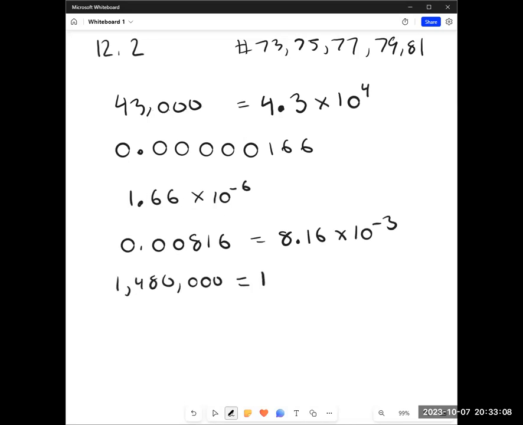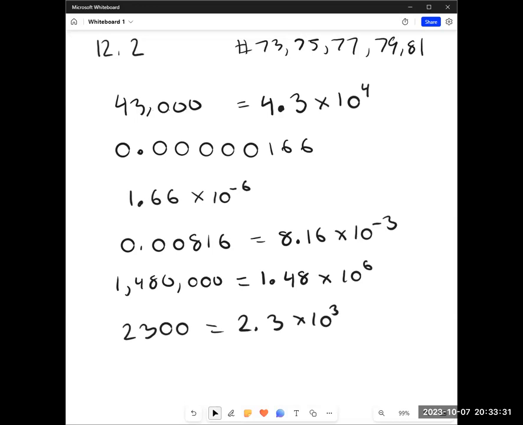It's going to be equal to 1.48 times 10 to the sixth. The last problem here is going to be 2,300. It's going to be 2.3 times 10 to the third.